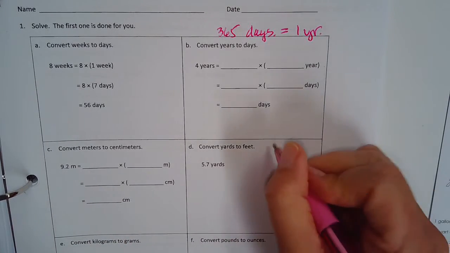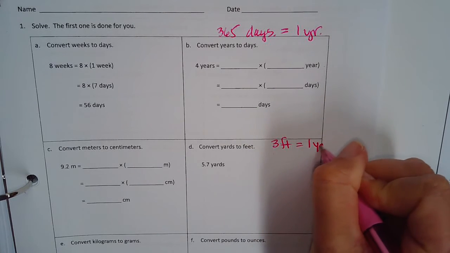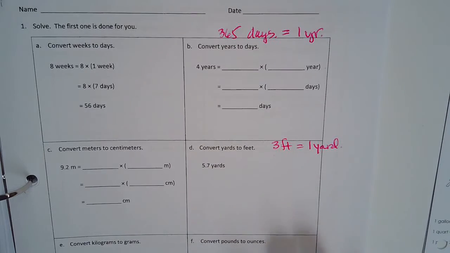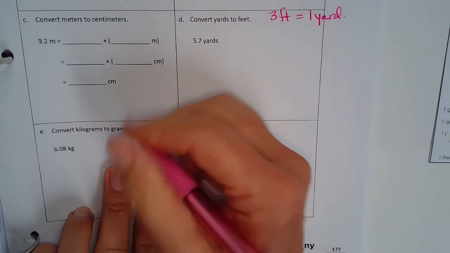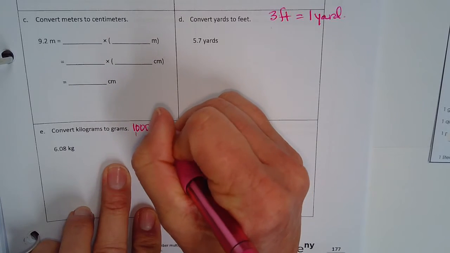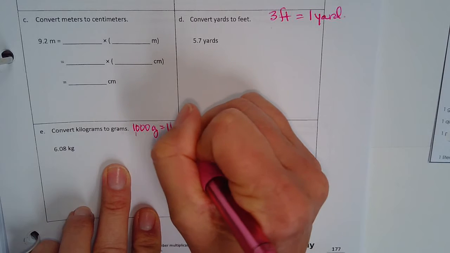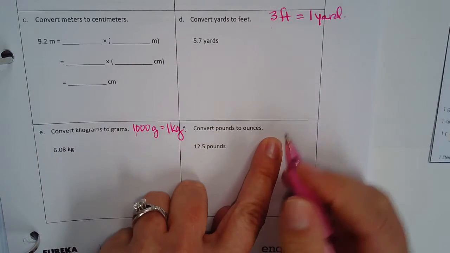Yards to feet. Do you guys know there are 3 feet in 1 yard? And kilograms to grams. So there are 1,000 grams in 1 kilogram, right? And pounds to ounces.